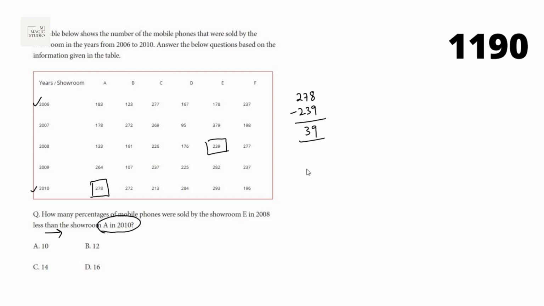That means our percentage change 39, the percentage would be calculated on A value in 2010, that is 278. We are looking for 39 divided by 278 into 100. The calculator value would be 14.02%. That means showroom E 2008 sales was 14% less than showroom A 2010 sales. Option C fits in.